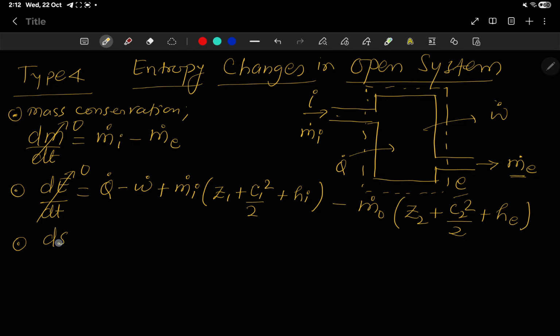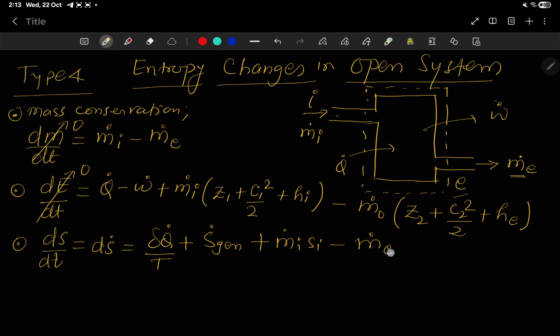So we will write dS by dt, or S dot, it will be equals to del q by T plus S generation dot plus m inlet dot into si minus m exit dot into s exit.